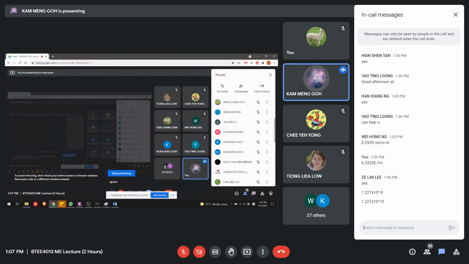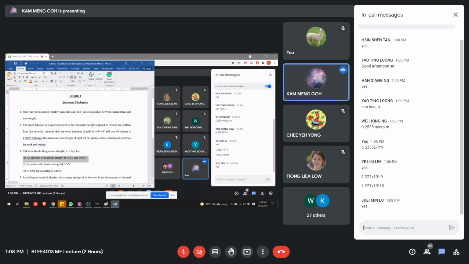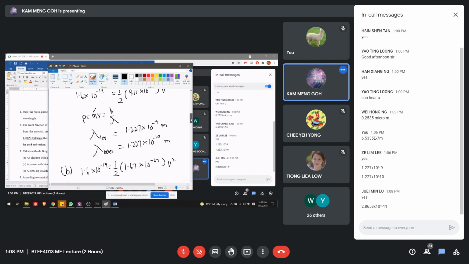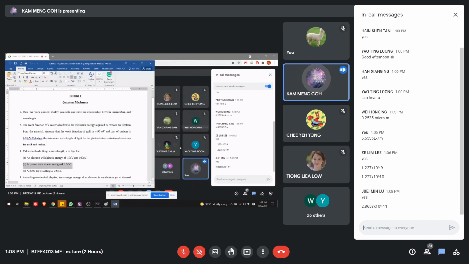Lu Jueming, are you here? Okay, what about the answer for 3B? Okay. So 2.6 times 10 to the power 11 meter, fair enough. So let's pick the other guy. Chua Yu Yang, 3C.